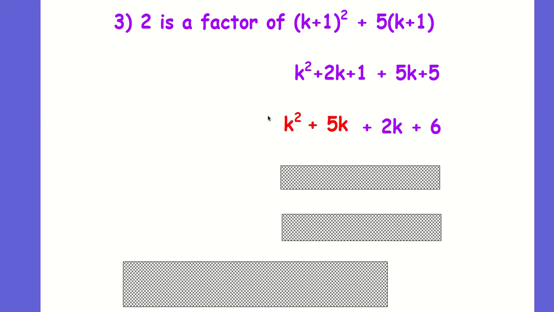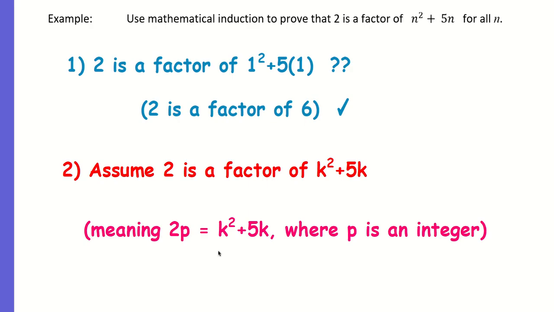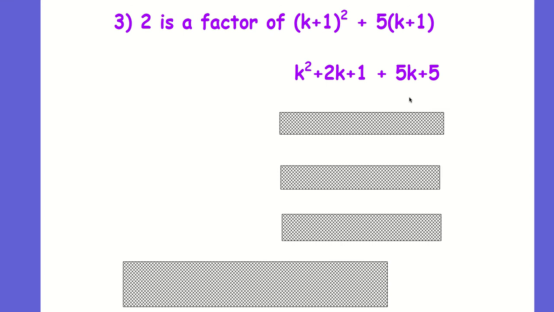And then, of course, those combine. Oh, wait a second. I was a little bit too antsy here. Look at this. We have to be looking for a moment to apply the fact that k squared plus 5k is 2 times something.